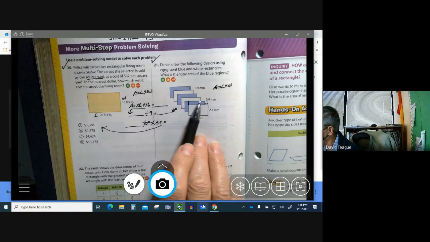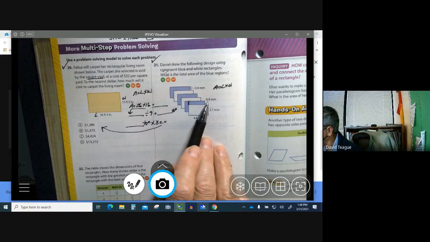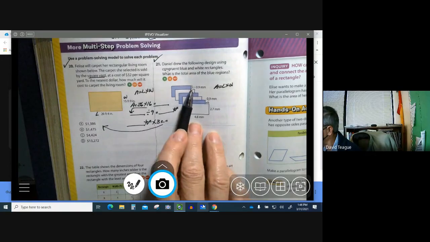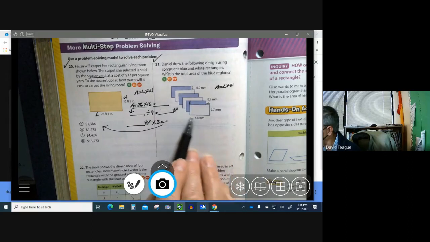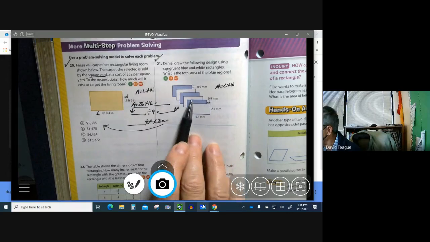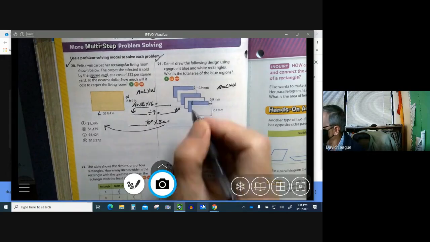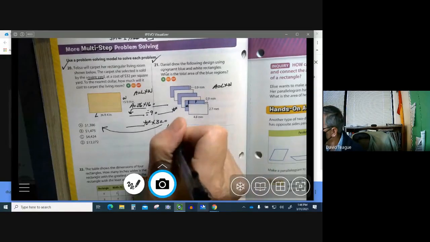Well, I know this rectangle right here, I know that this dimension here is 0.9 because it tells me up here. And I know this length is 4.8 minus 0.9, right? Because it's shorter. So let's call this rectangle 1 and this rectangle 2. So here's rectangle 1.